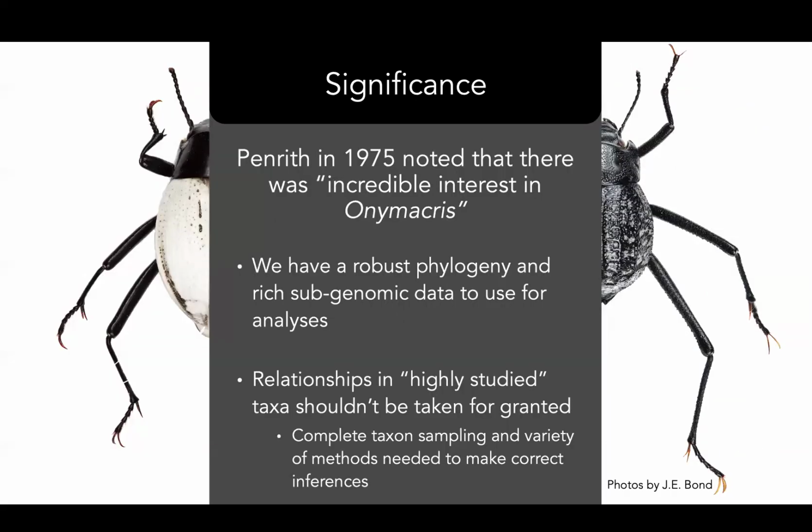So Penrith stated in 1975 that there was incredible interest in Onymacris, and now we have a robust phylogeny and rich subgenomic data set to use to test our hypotheses. And the relationships in highly studied taxa really shouldn't be taken for granted. We do need complete taxon sampling and a variety of methods in order to make the correct inferences. So that study really highlighted that as well.